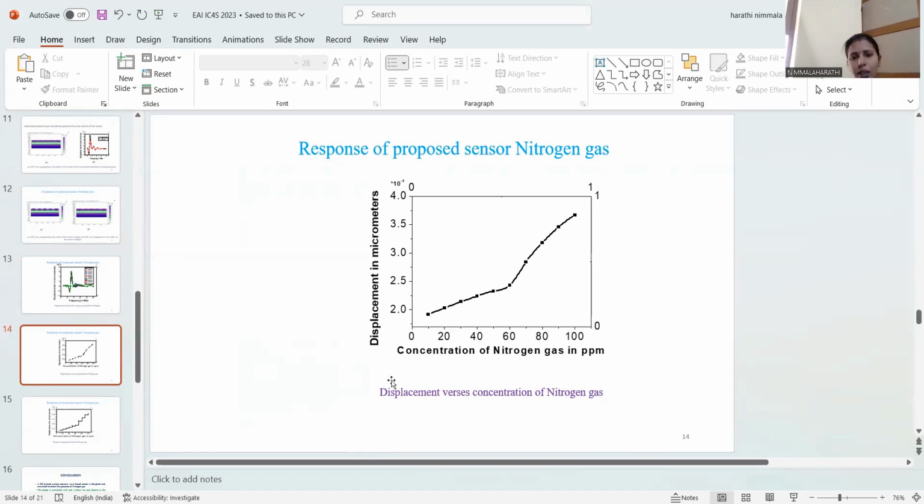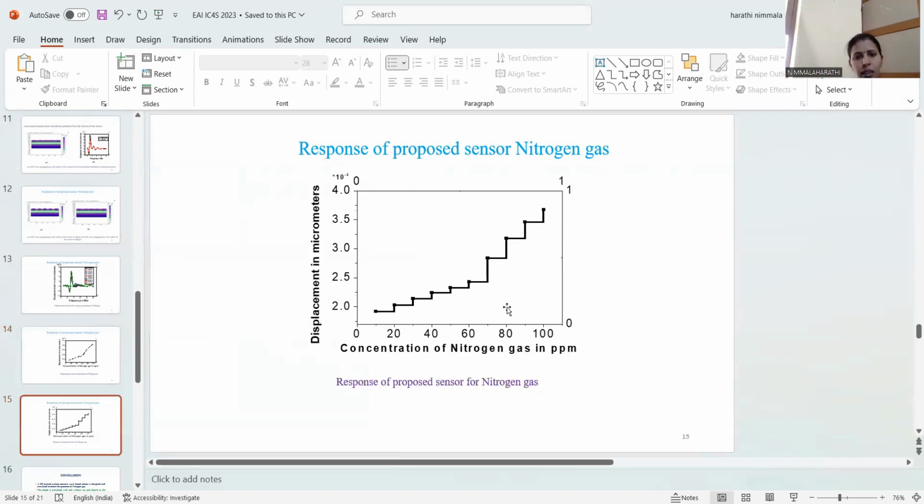Now, I have taken the same representation of the displacement with respect to the nitrogen gas in the form of a stepwise plot. In this stepwise linearity, we are considering the mass density to be constant, where there is a change in the velocity of the acoustic wave.